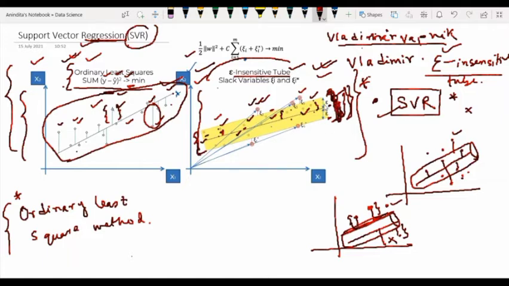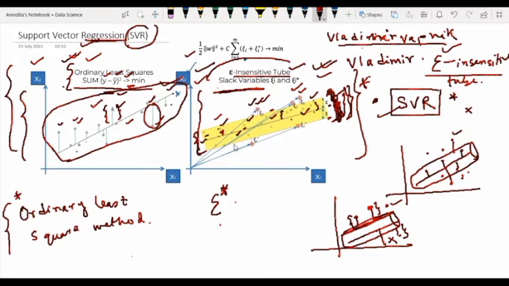Now we have to understand that the points which fall outside this tube have some names. Those values, epsilon and epsilon star, are known as slack variables.